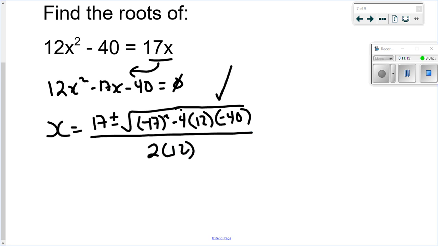Now, little tidbit, make sure the square root sign covers everything.